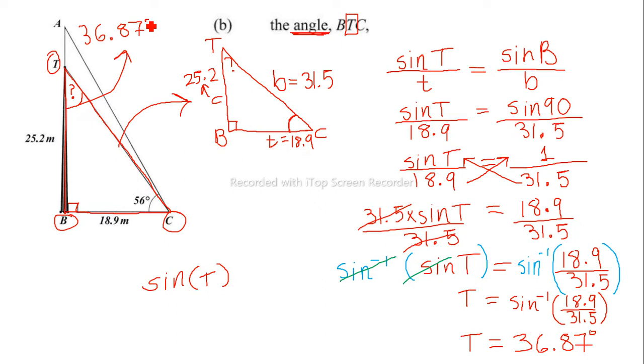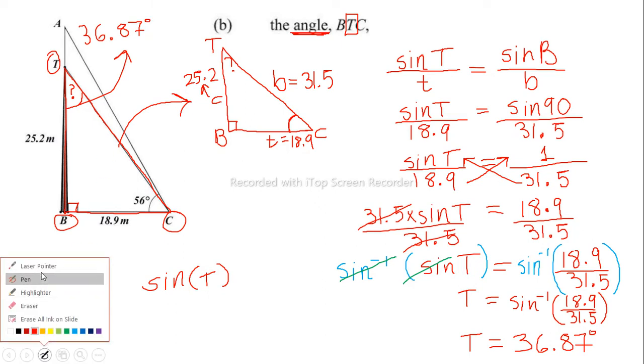Quick question. I'm still having issues. I know how to apply the formula, I just can't recognize when to use it. Okay, so when to use this formula? Think about it like this. What things did we need for this formula to work?